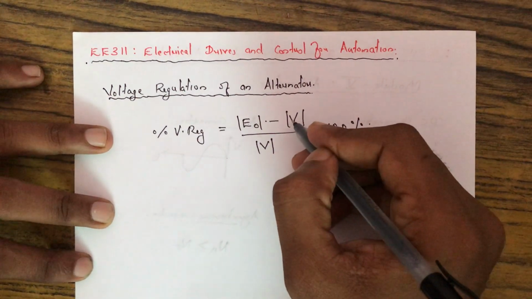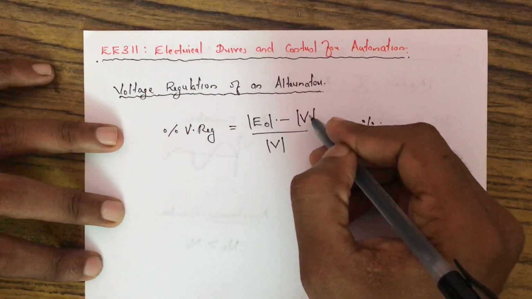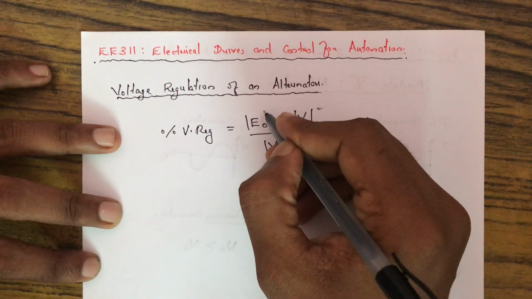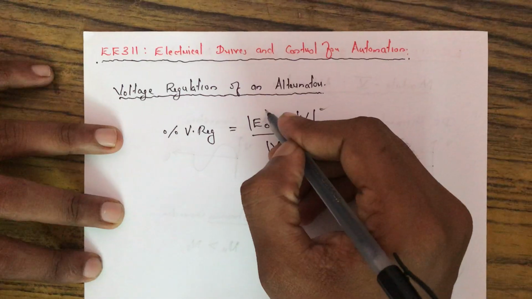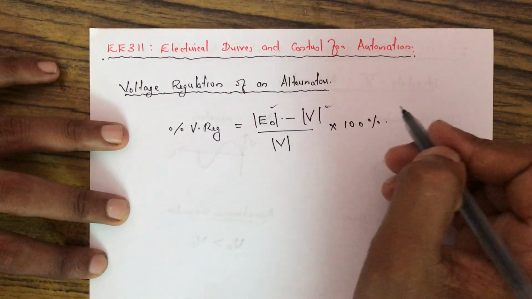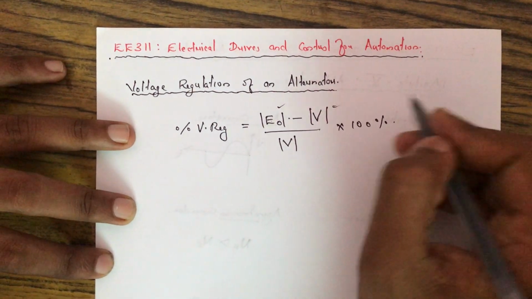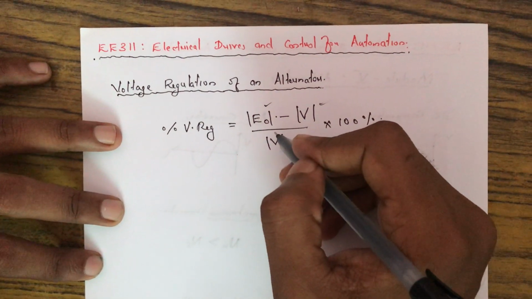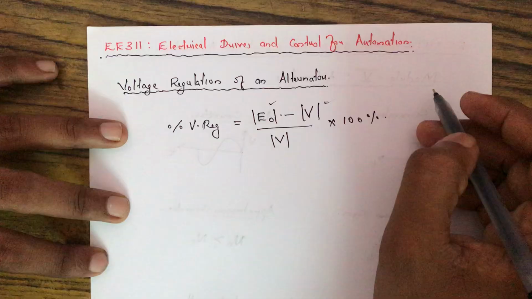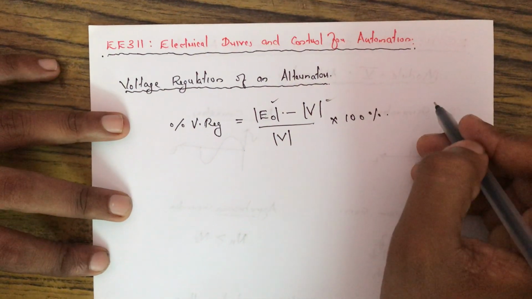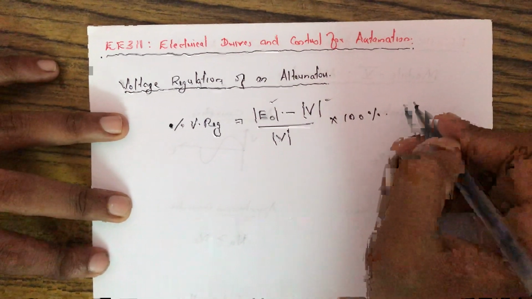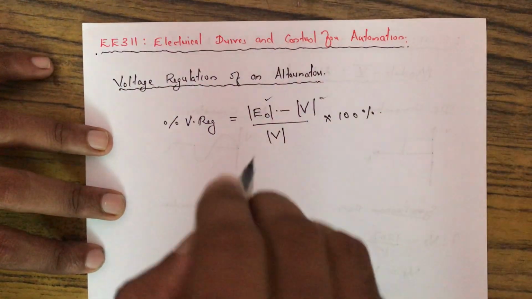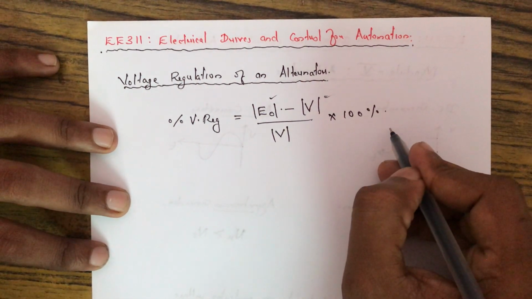The terminal voltage at full load can also be measured, and the voltage when the load is disconnected can also be found, by directly connecting a voltmeter across the alternator. So it is possible in small rated machines, but this direct test is not possible in very high rated machines.